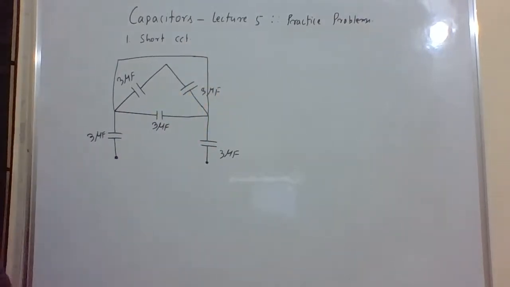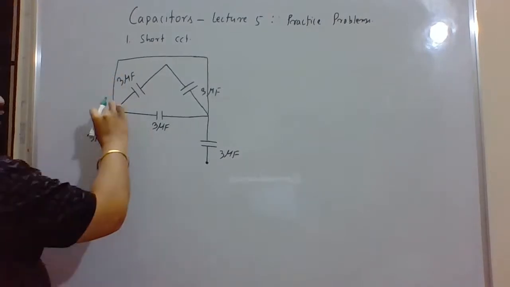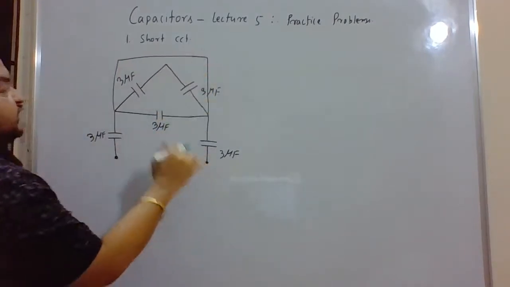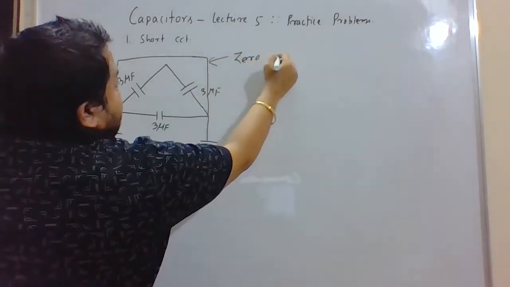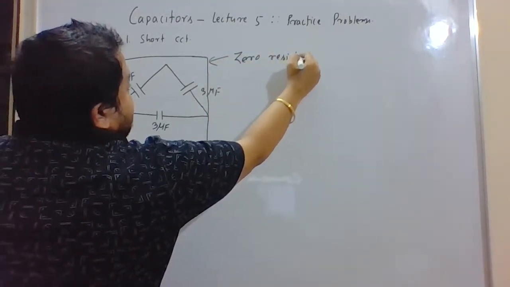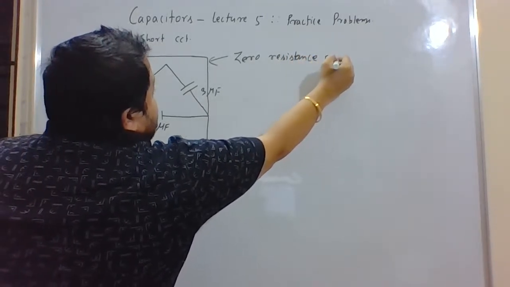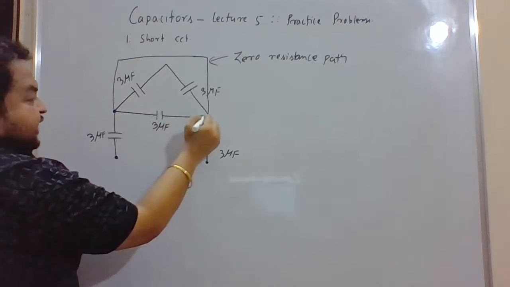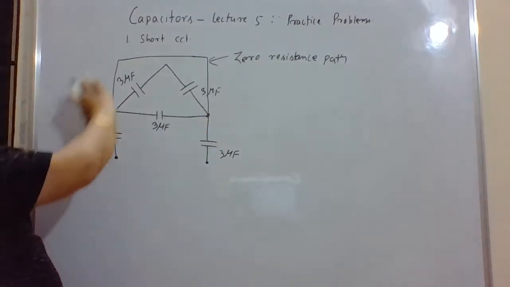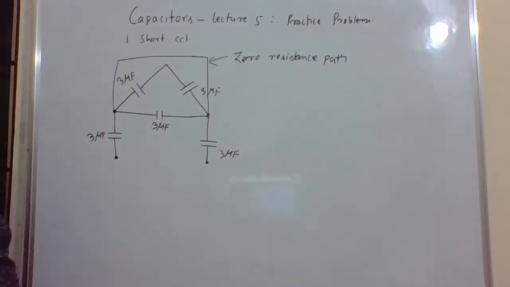We know that short circuiting means there is a zero resistance path. Because this is a zero resistance path, the ends where it is starting and ending, this entire piece is short circuited.